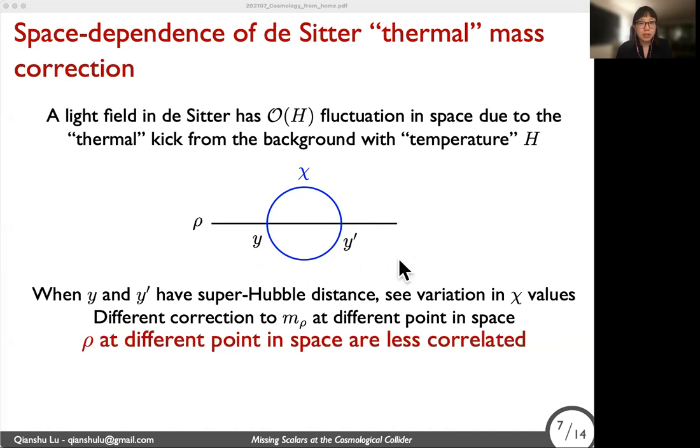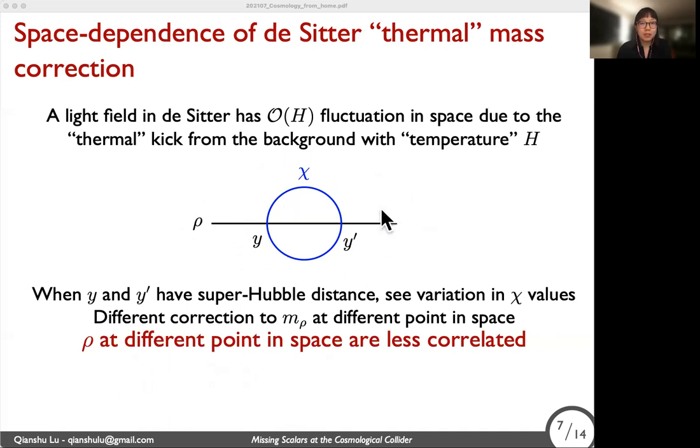What this means is that the corrected rho 2-point function is going to be less correlated at different points in space compared to the free 2-point function. And this loss of correlation in the rho 2-point function is going to lead to a loss of correlation in the inflaton's 3-point correlation function that's mediated by rho. Okay. So that is the physics and qualitative feature we expect from our model.